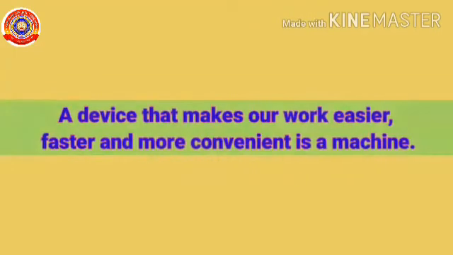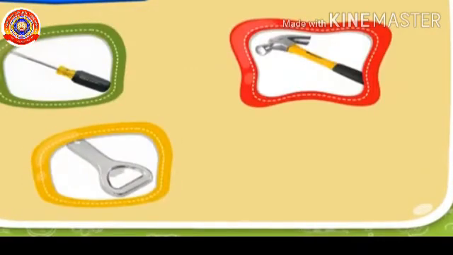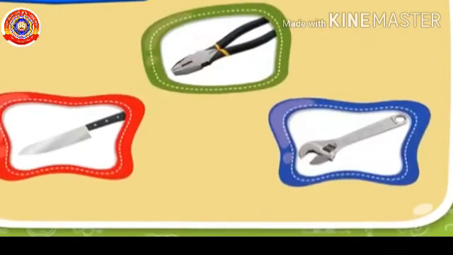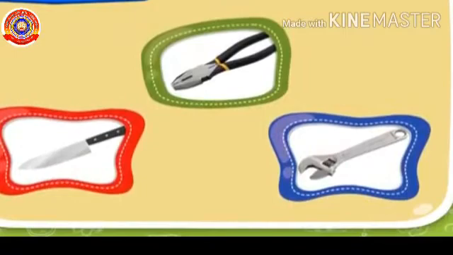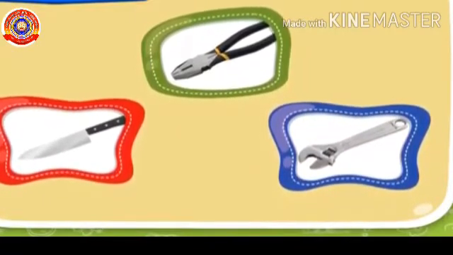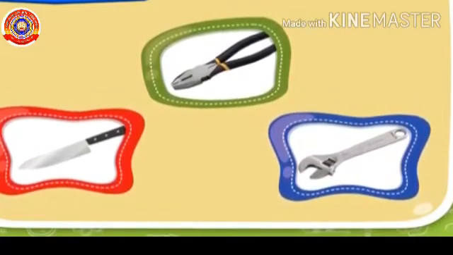A device that makes our work easier, faster and more convenient is a machine. Screwdriver, hammer, bottle opener, wheelbarrow, plier, knife, spanner, etc. are simple machines. Simple machines have a few parts only and are easy to use.